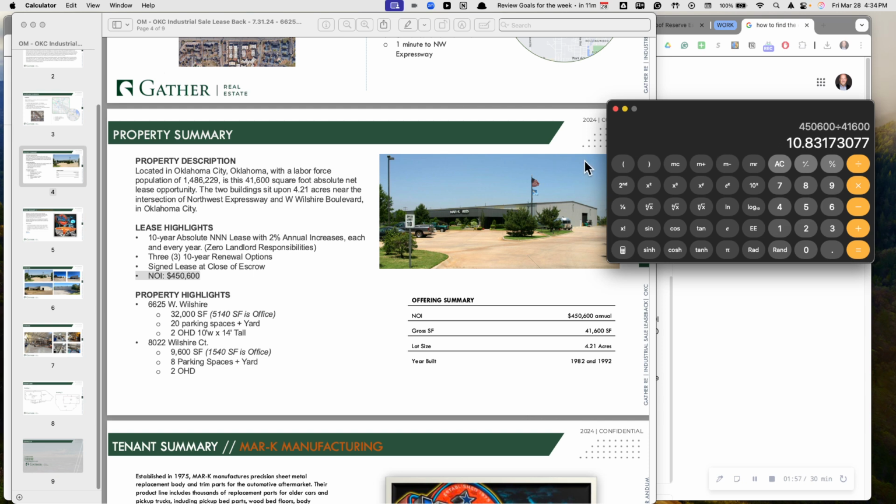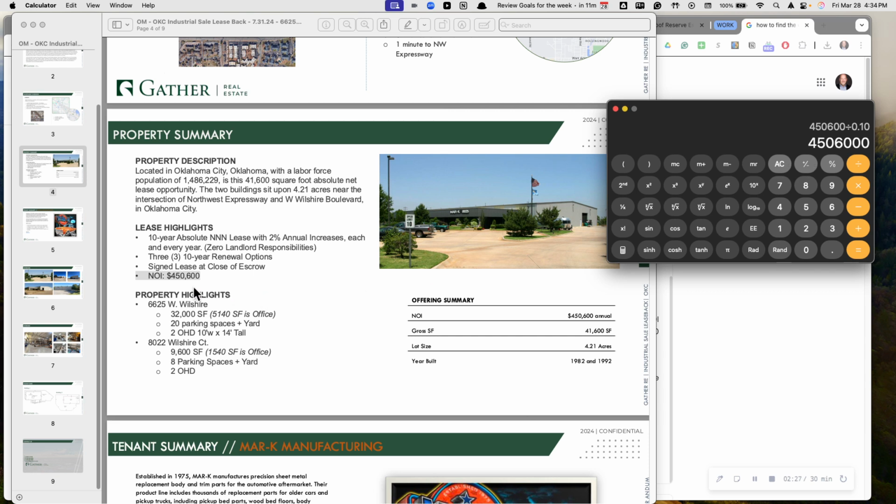The second thing we want to look at is the cap rate. Basically what I did there is the 450,600 is the net operating income. I guessed a 9 and it was too low. I guessed 10, so divided by 0.10, that's 4,506,000.